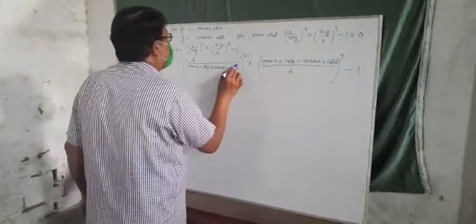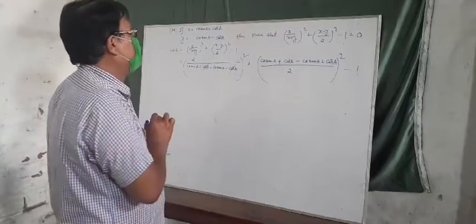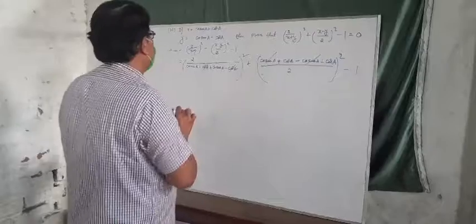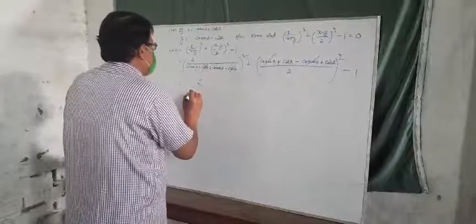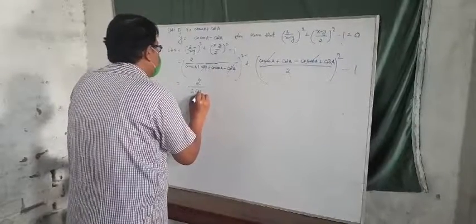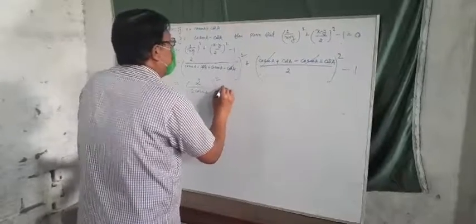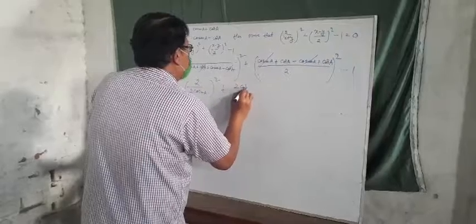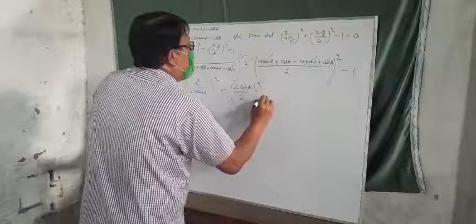Now cos A and cos A will cancel out, and cosec A and cosec A cancel as well. What is left: cosec A plus cosec A is 2 cosec A, so 2 upon 2 cosec A whole square, plus cos A plus cos A is 2 cos A upon 2 whole square, minus 1.